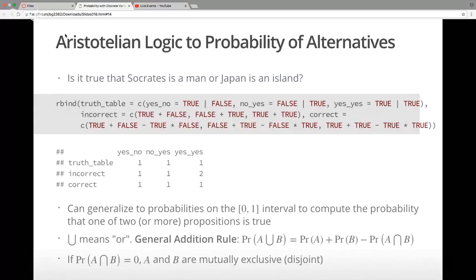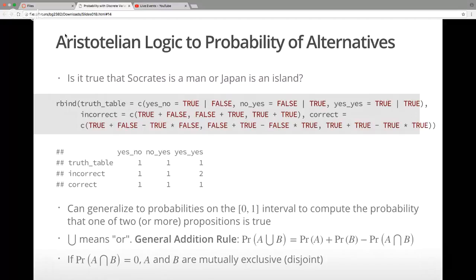Okay. So how can we go from Aristotelian logic to something that will tell us the probability of alternatives? You might ask yourself questions like, is it true that Socrates is a man or Japan is an island? Now, "or" is a little bit weird because when you say "or" in English, it tends to mean exclusive or, like, do you want coffee or orange juice?